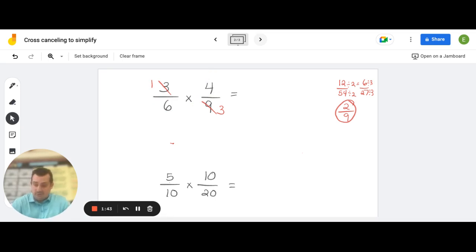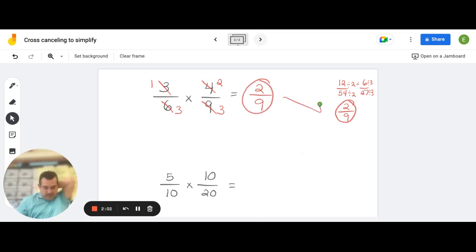It's 2. 4 divided by 2 is 2, and 6 divided by 2 is 3. Now if you multiply across, 1 times 2 is 2, and 3 times 3 is 9. And you get your 2 ninths, which is the same that we had when we did it the other way. So that shows you how cross-canceling will give you the same answer in simplest form.